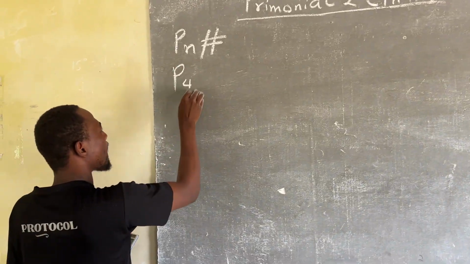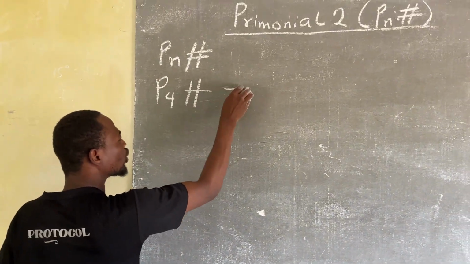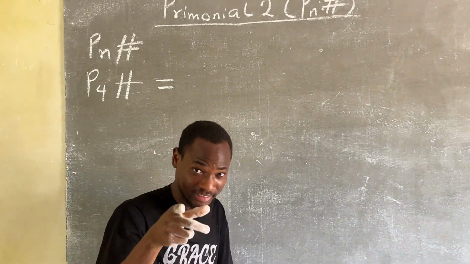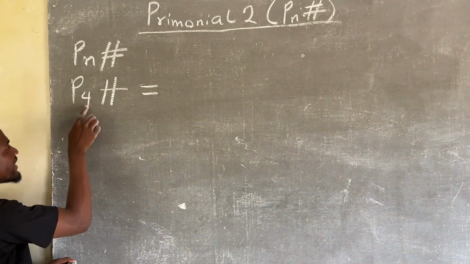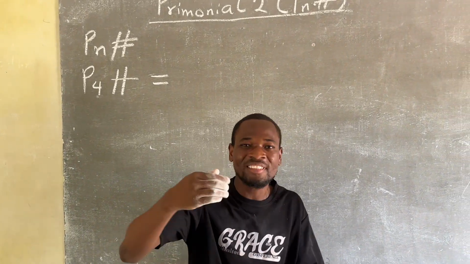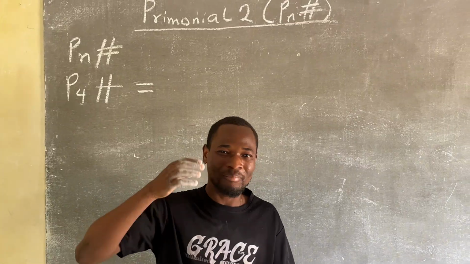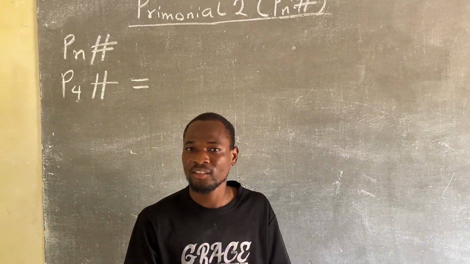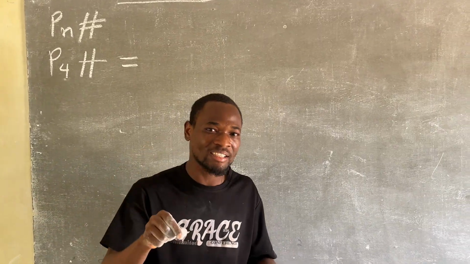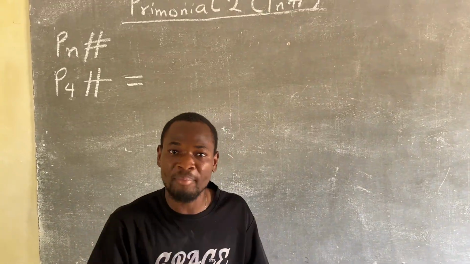Primorial of 4, this way, equals. Now, the hint or the strategy is this. You see that this number 4 simply tells me that I'll be seeing 4 numbers or digits. Then I would eventually multiply those numbers such that the numbers are prime numbers.